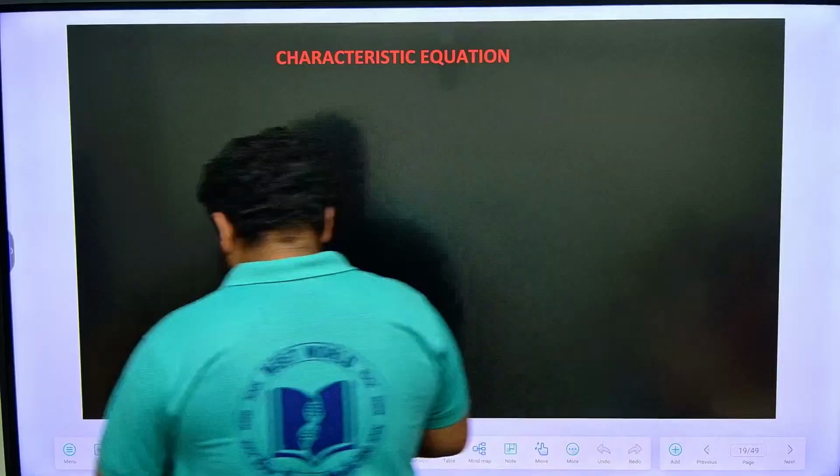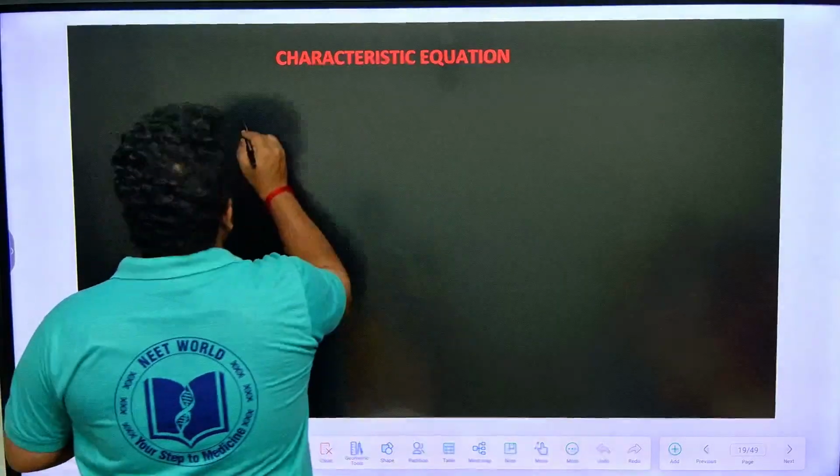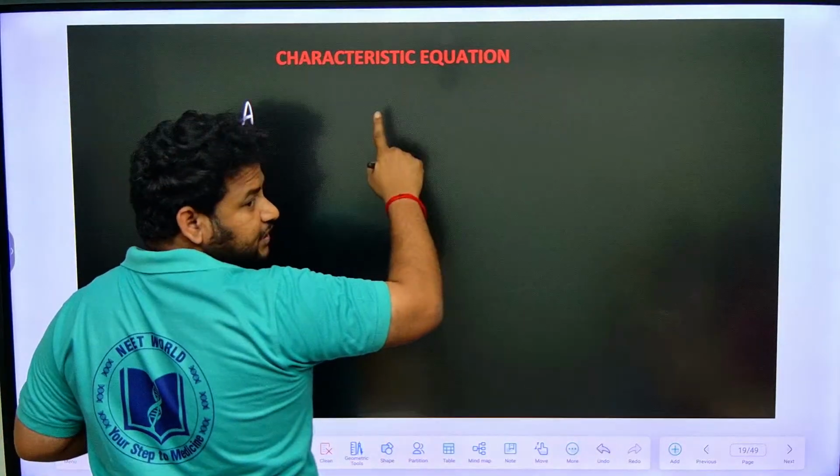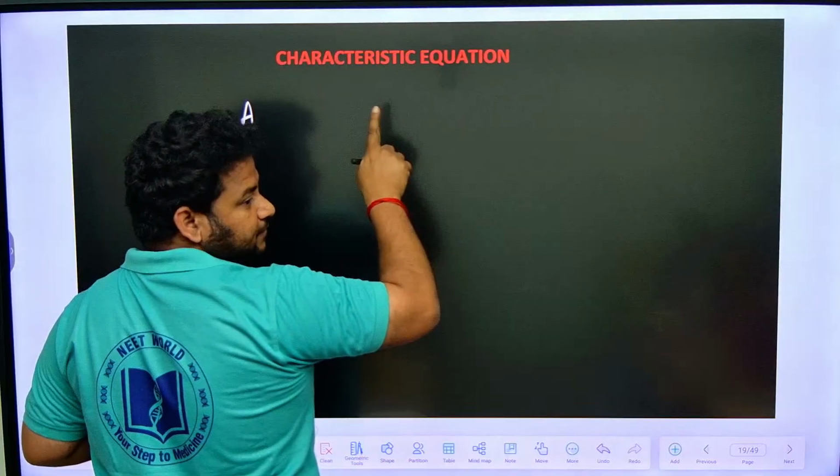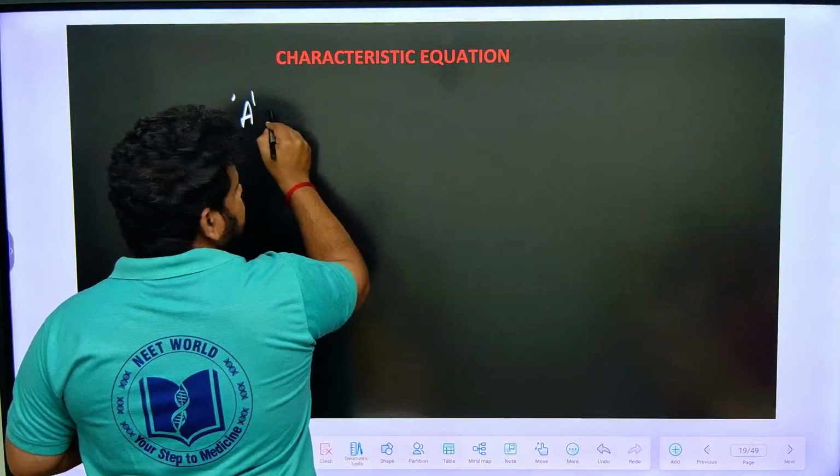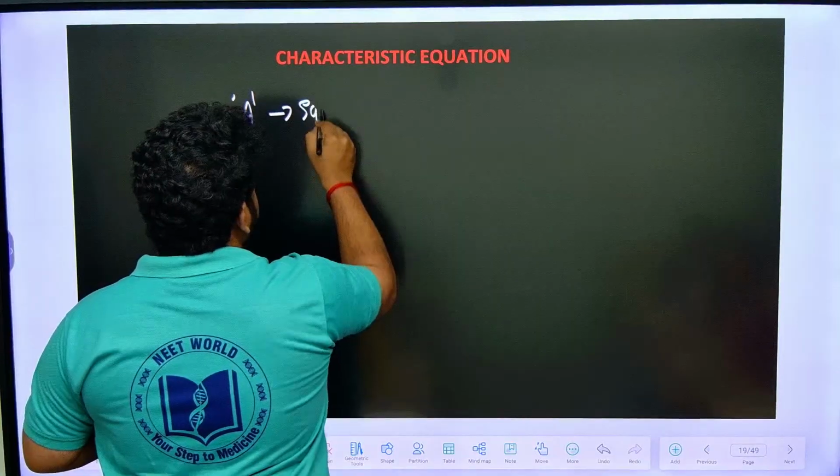Characteristic equation. What I am talking about is always for a square matrix. So it will be there for a square matrix. A is a square matrix.